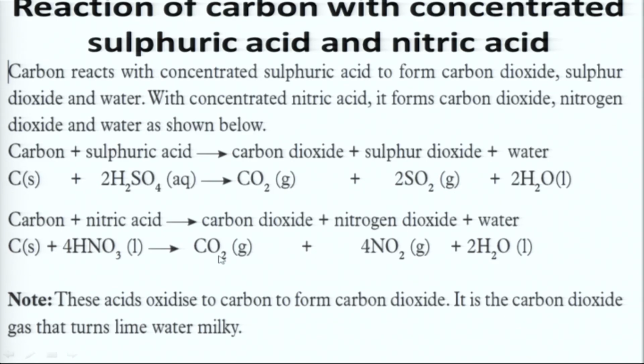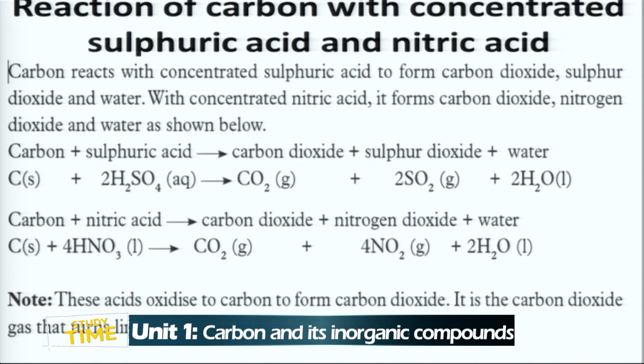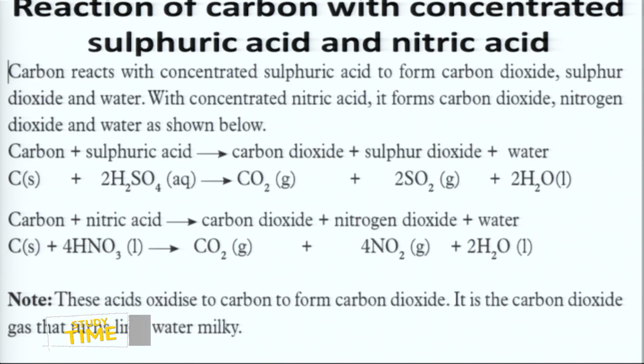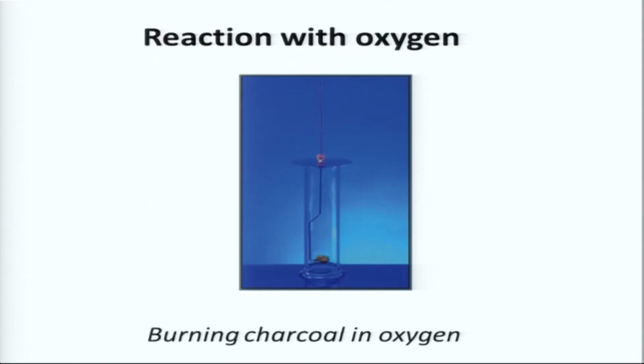All right? Good. So I think when we talk about these reactions, the chemical properties of carbon, we shall even continue to look at them in the next lesson. But for now, I think you have understood how carbon reacts with oxygen when it is limited oxygen and when it is excess oxygen.